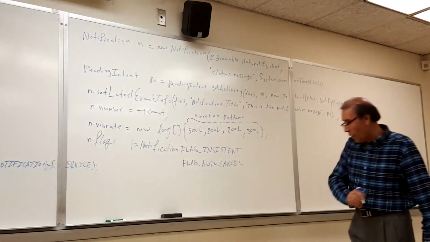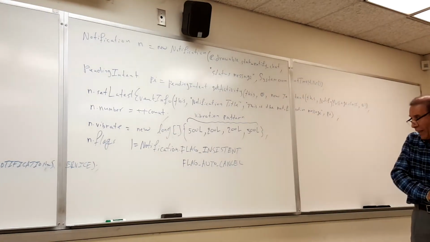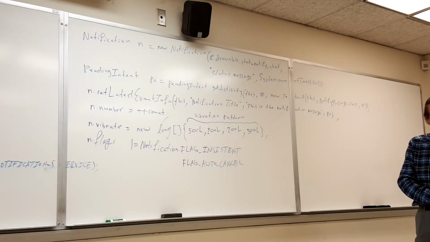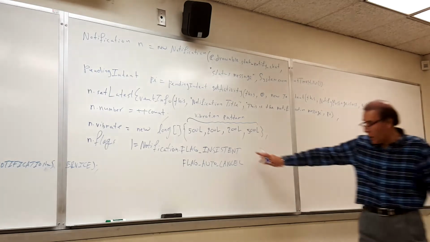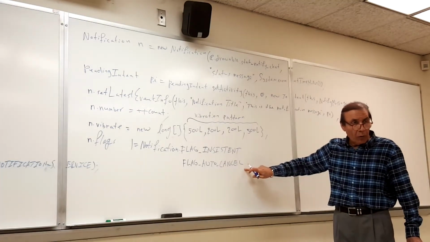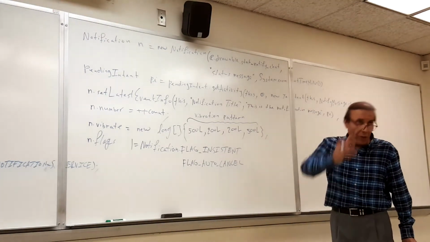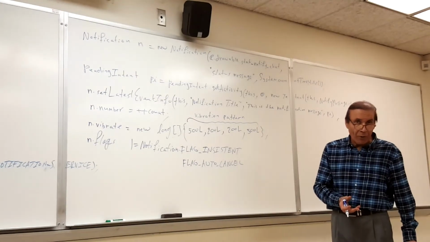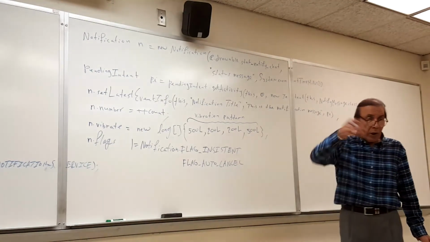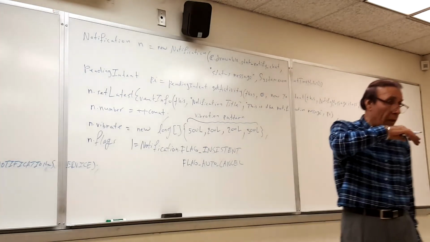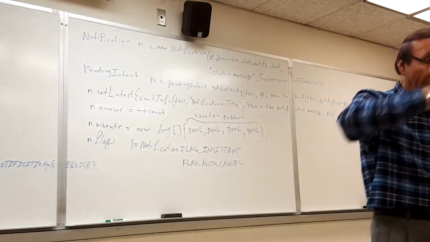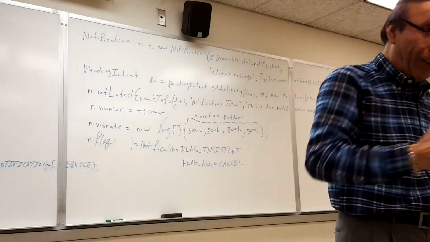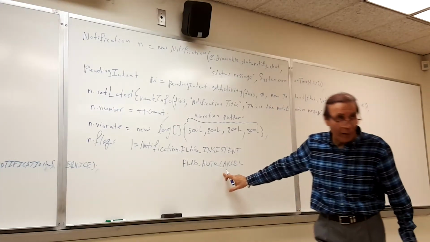What's the difference between FLAG_AUTO_CANCEL and FLAG_INSISTENT? This one is gonna stay forever. This one is gonna be canceled as soon as you receive the notification. Okay. If you do not want a lot of notification messages to accumulate on the cell phone, maybe you could do that, right?